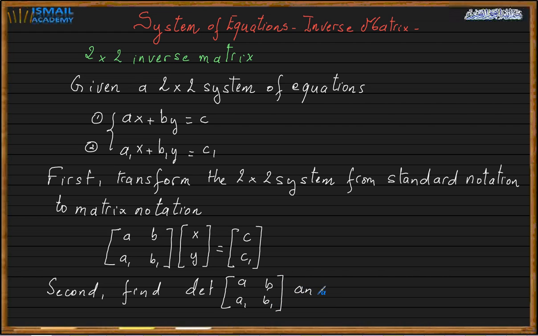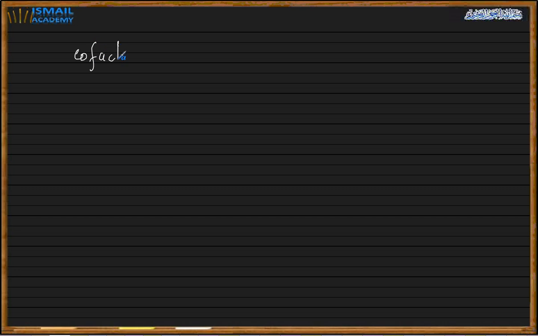And the transpose of the cofactor matrix of the coefficient matrix a, b, a1, b1 is in fact b1, minus b, minus a1, a.